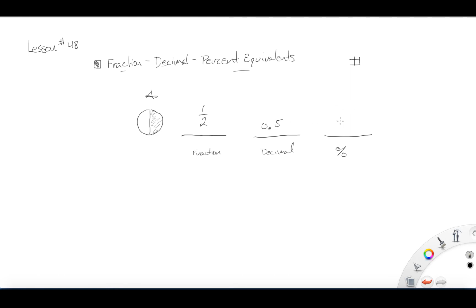And we also know that as a percent, that's 50%. So today the challenge is to communicate between these three and figure out what they are if we only have one of them. Okay? So let's look at a couple of examples that you see.